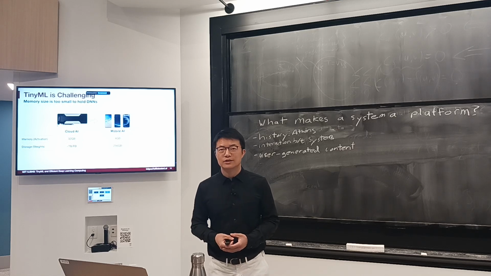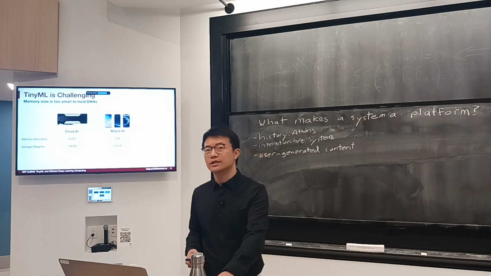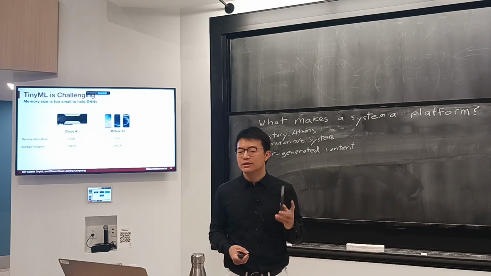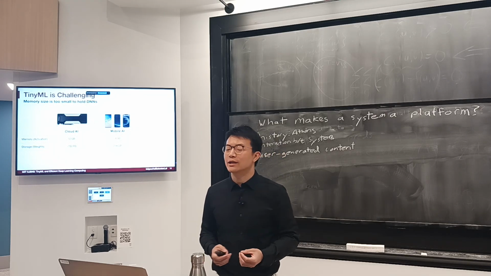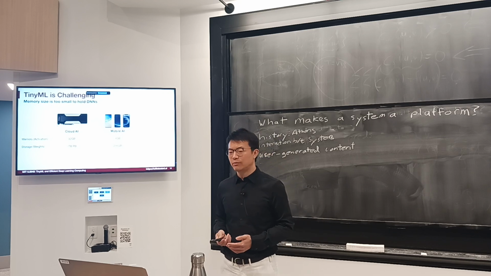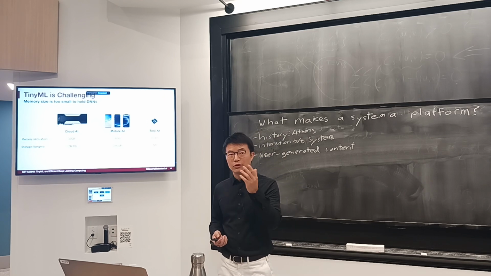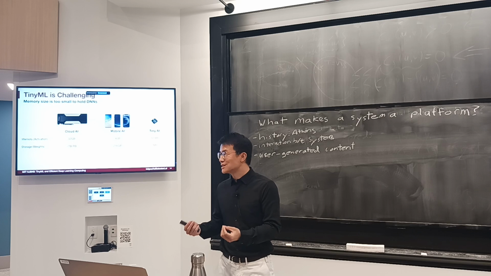On mobile devices, like our phones, you can easily get a couple of gigabytes of memory and hundreds of gigabytes of storage. That's plenty. But on those microcontrollers, the resource is tiny.